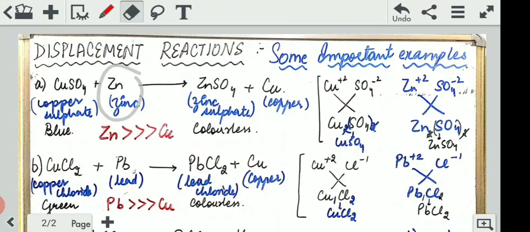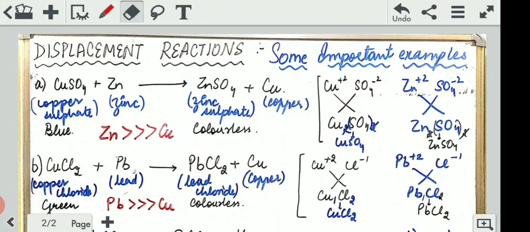When it reacts with zinc, it will form ZnSO4. So this is ZnSO4: zinc is +2, sulfate is -2. So the 2s will cancel each other and they will form zinc sulfate, ZnSO4. I've told you earlier also, those having the same valency will not put on any other extra number, they will cancel each other. Now see how the displacement reaction is occurring.